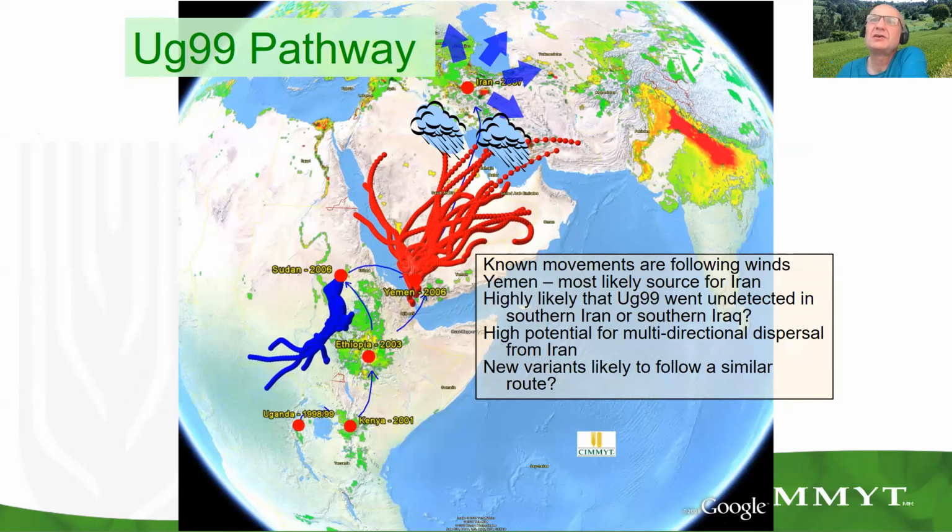So you see here the use of early wind models indicating movement from Yemen up towards Iran. So we were thinking at this time that other variants of the pathogen would likely move in a similar direction.